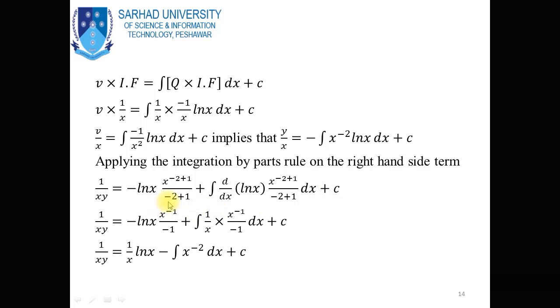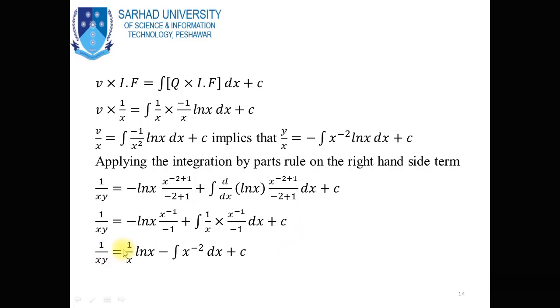So this is equal to minus natural log of x times x power minus 1 divided by minus 1 plus integration of 1 over x, the derivative of log x, multiplied by the integration of x power minus 2, which is x power minus 1 divided by minus 1, with dx for this whole integration, plus c.